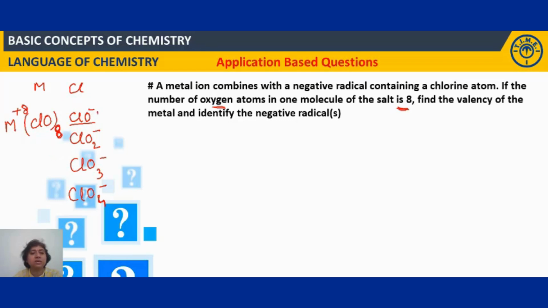So this is ruled out. Second one, let us consider chlorite. Then it has to be M(ClO2)4, right, C is capital, taken 4 times.